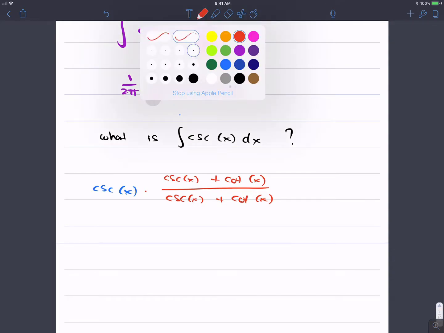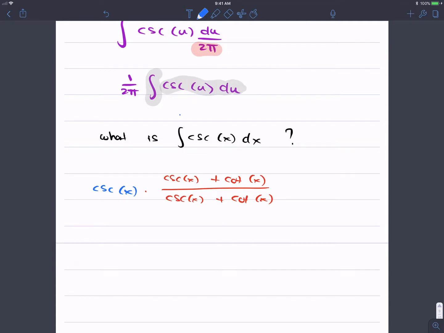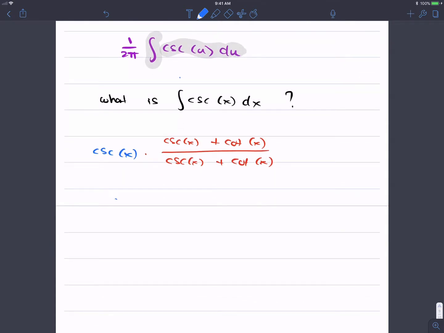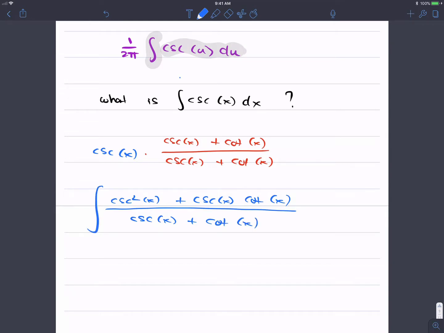But how this will work now is my numerator here, when I multiply, becomes cosecant squared x plus cosecant x cotangent x. This would be over cosecant x plus cotangent x. This is what we're going to integrate with respect to dx.